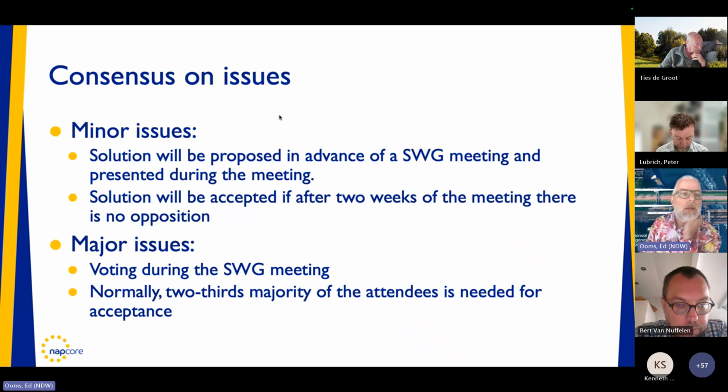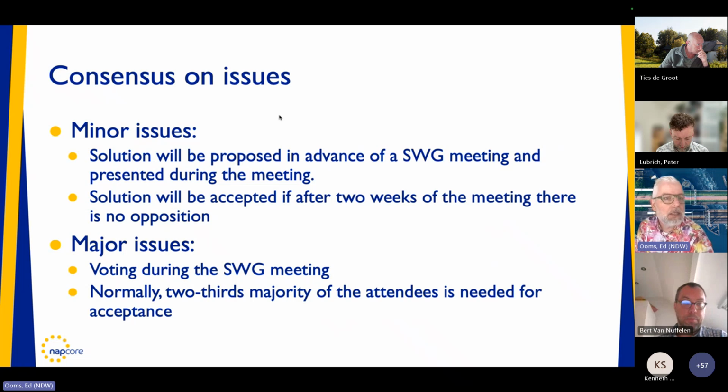There are two ways of reaching consensus. Minor issues, I will talk later about what counts as minor, will be proposed in advance of a sub-working group meeting and presented during the meeting. If there's a solution, it will be accepted 2 weeks after the meeting if there's no opposition. So mainly during the meeting or afterwards on GitHub there will be discussion, and if everybody agrees with a solution, it is accepted after 2 weeks.